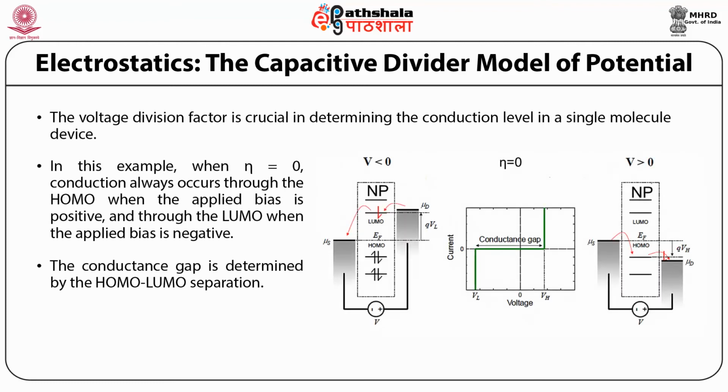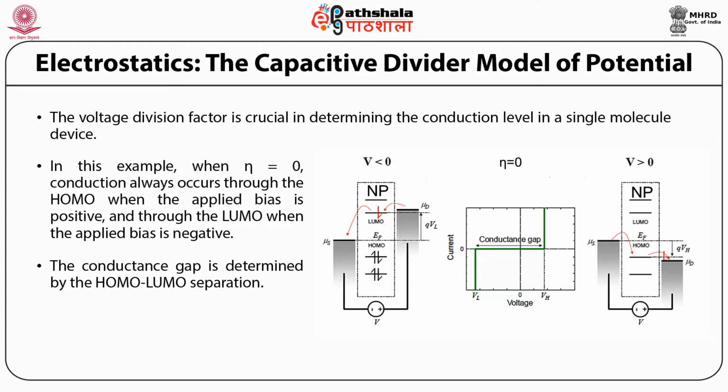If eta is equal to 0, as shown in this figure, then the energy levels in the nanoparticle are fixed with respect to the source contact, and as the potential of the drain is increased or decreased with respect to the source, conduction occurs through the HOMO or LUMO respectively.